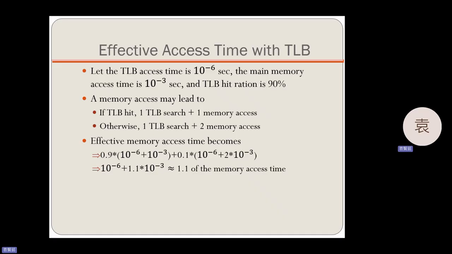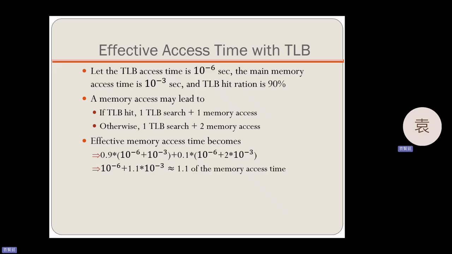Putting them together, it is 10 to the -6 plus 1.1 times 10 to the -3, and because 10 to the -6 is ignorable compared to 10 to the -3, it's very close to 1.1 times the memory access time.